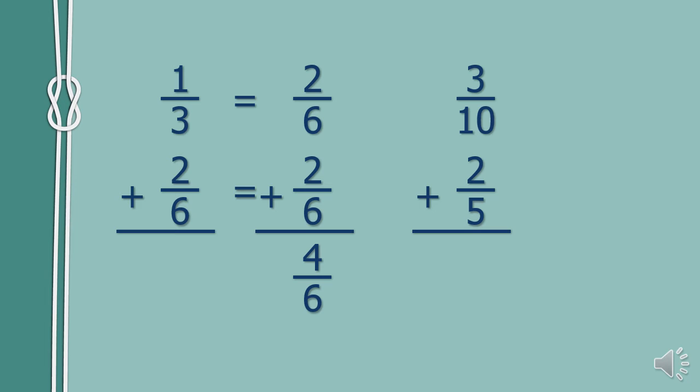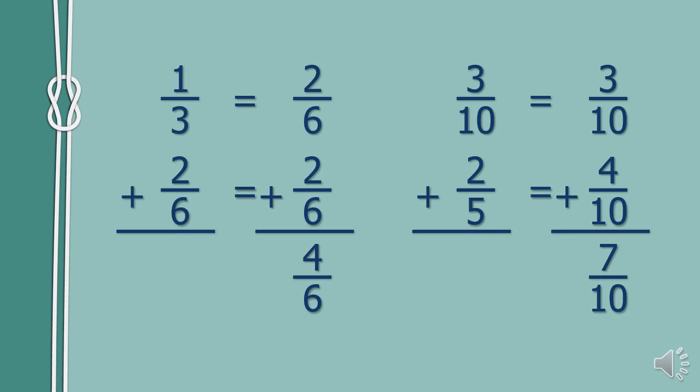So let's multiply 2/5 by a name for 1, 2/2, and put the 2/5 into tenths. So now we would have 3/10 plus 4/10, and we can add it because now the fractions are in like terms, and we get 7/10. So now we've figured out how to add fractions when they are originally in unlike terms, how to put them into like terms, and then add them like we've already learned to do in the past.